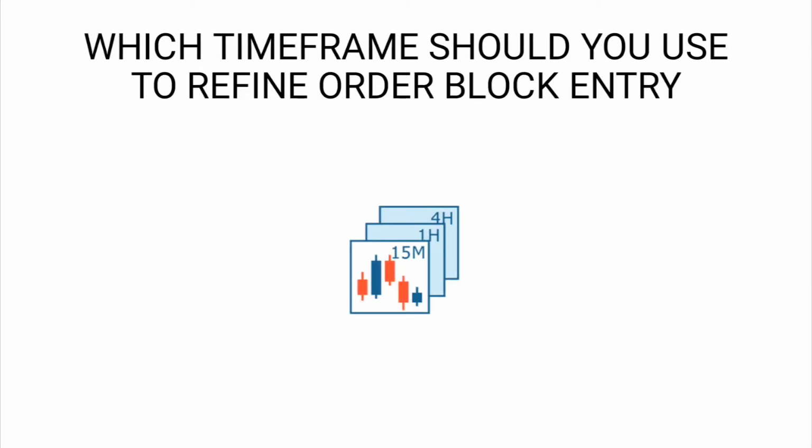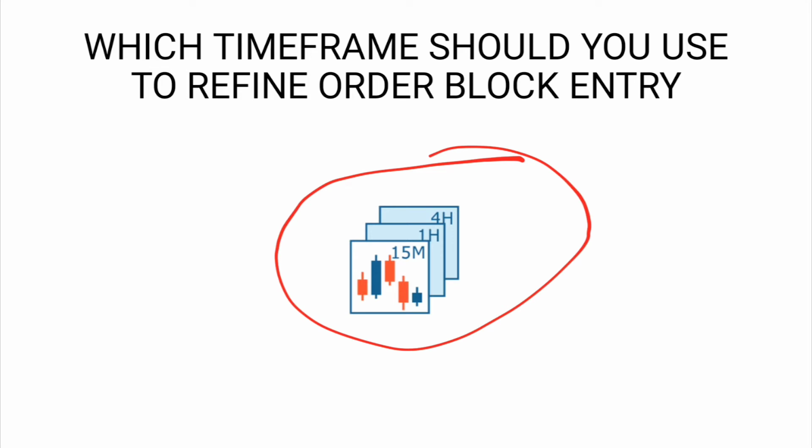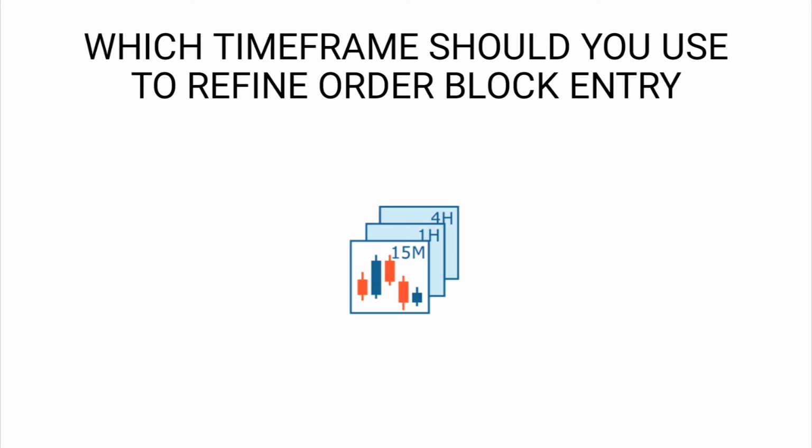Hi guys, so on today's episode I'm going to be talking about which time frame should you use to refine order block entries. So here's my general motto: you analyze with the 4-hour, entry with M15.